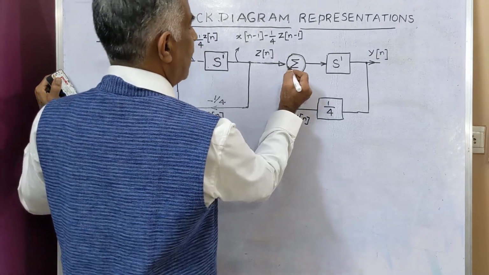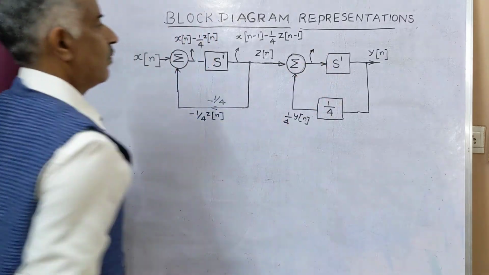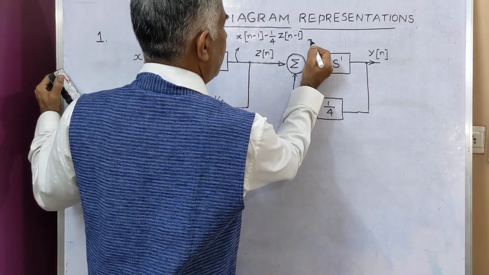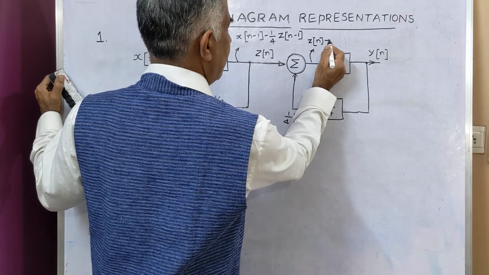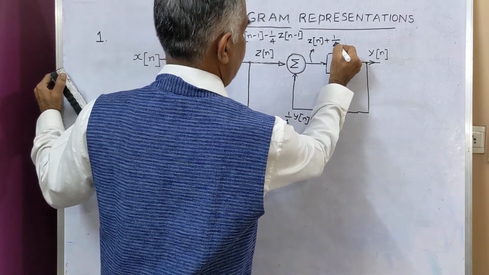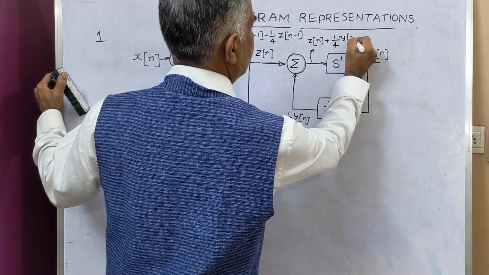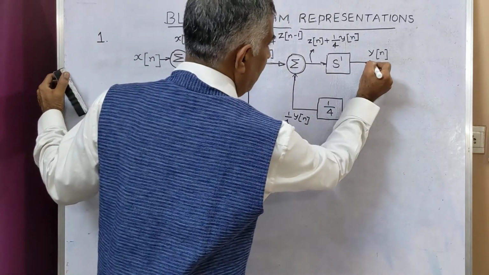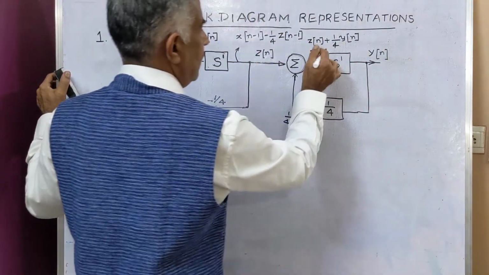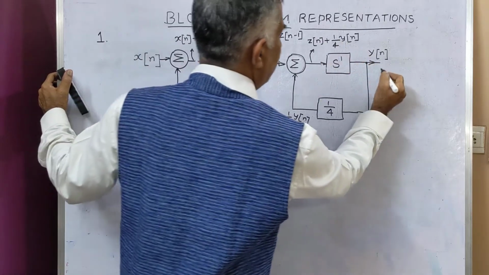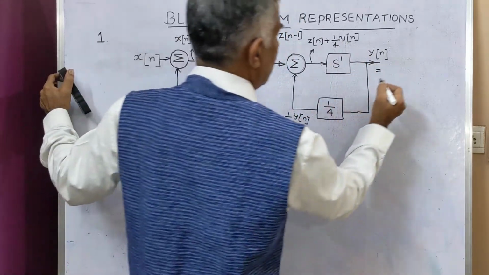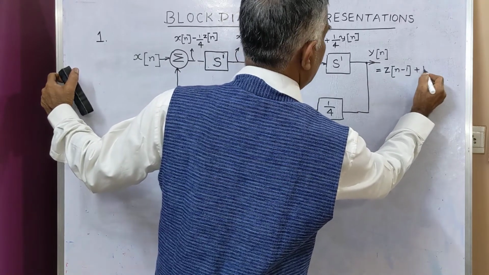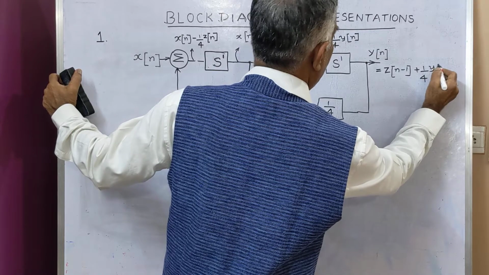So 1 by 4 y of n, and the signal here is z of n plus 1 by 4 y of n. Ultimately the signal here is a shift of 1 unit on this signal, that is y of n is equal to z of n minus 1 plus 1 by 4 y of n.